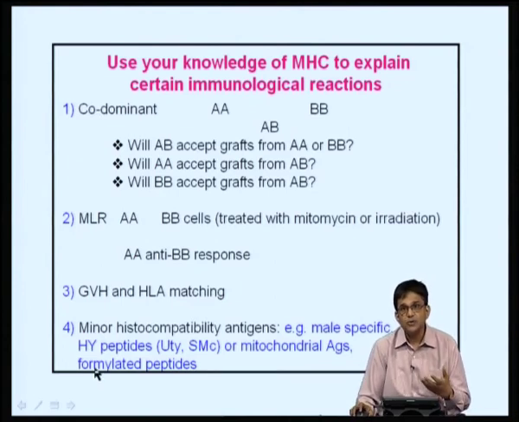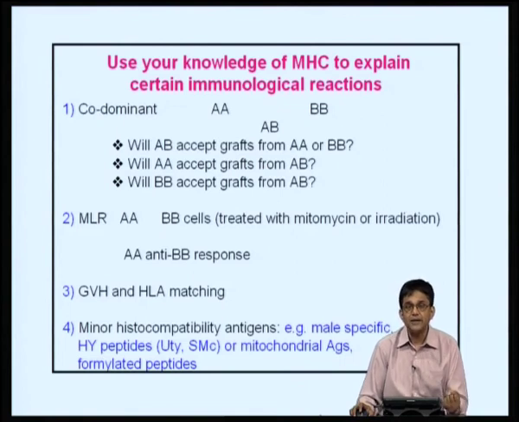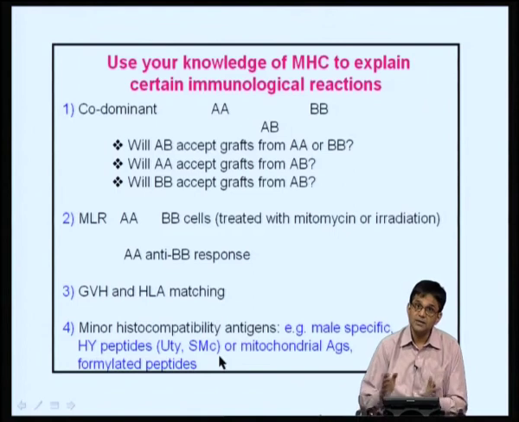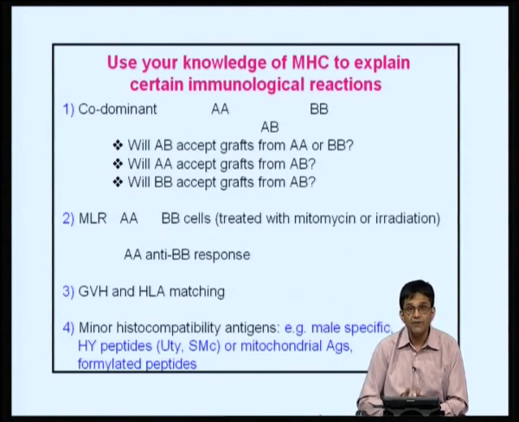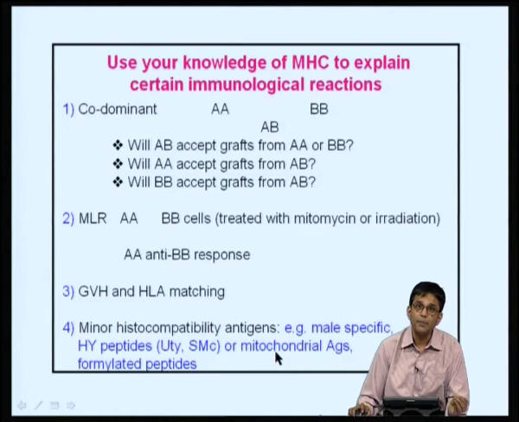That means the T cells have not been tolerized to some antigens, and what are these antigens? One would be a male specific antigen, the difference between males and females. Even though they are inbred, there are some differences, because males have proteins encoded by the Y chromosome. You also have others, like mitochondrial antigens. So, these are minor histocompatibility antigens.